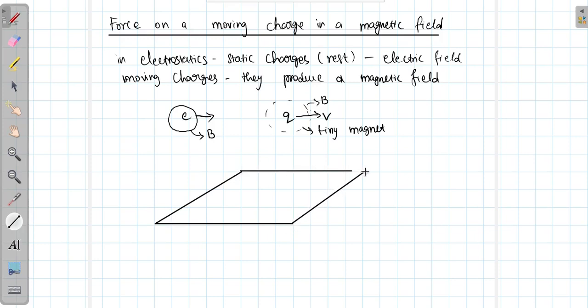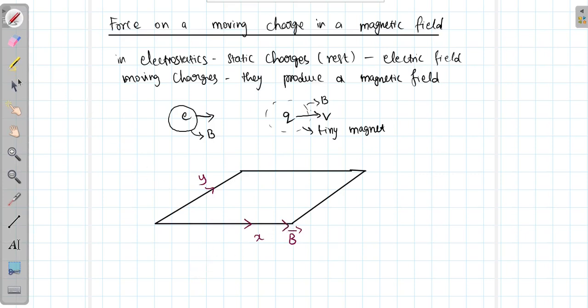We have a plane, and we have a magnetic field in the x direction. Now our magnetic field is pointing in the x direction.